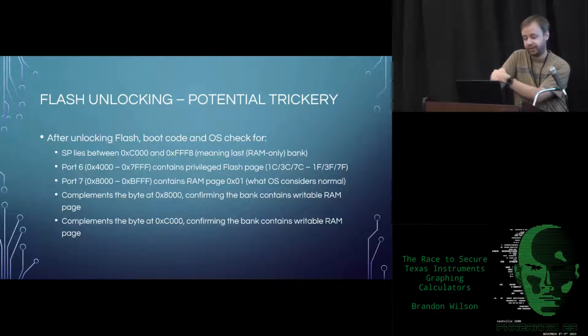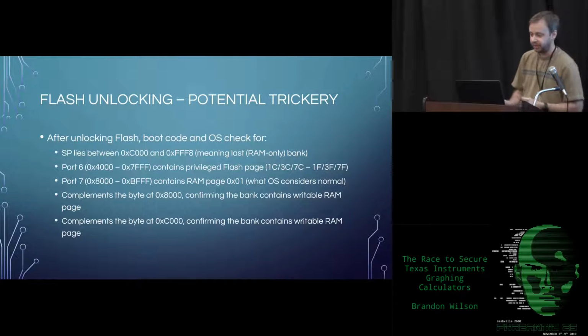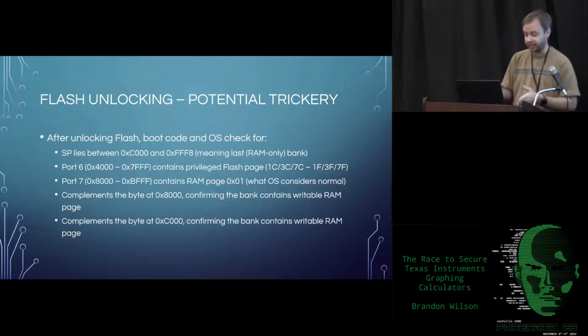So as I mentioned, it checks for trickery. Specifically, one, it checks to make sure that the SP, the stack pointer, lies between C000 and FFF8, so that's the last bank. It does this to make sure SP is pointed somewhere in RAM, so that when it returns back to the caller, it gets what it assumes would be a valid return address from the stack. So you want to make sure you can't mess with that.